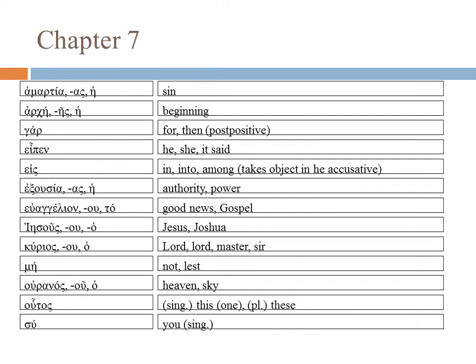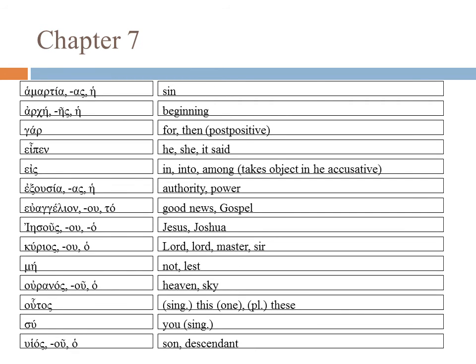Su means you, singular. This is nominative. We will get to prepositions in the future. Huios. Second declension, masculine. Huios is son or descendant.